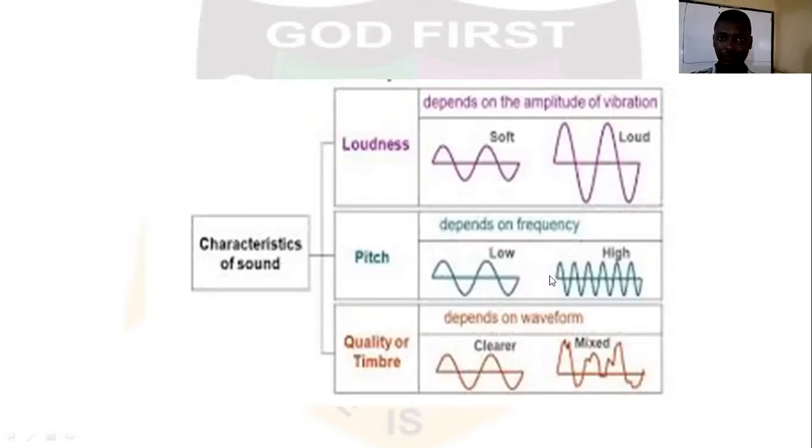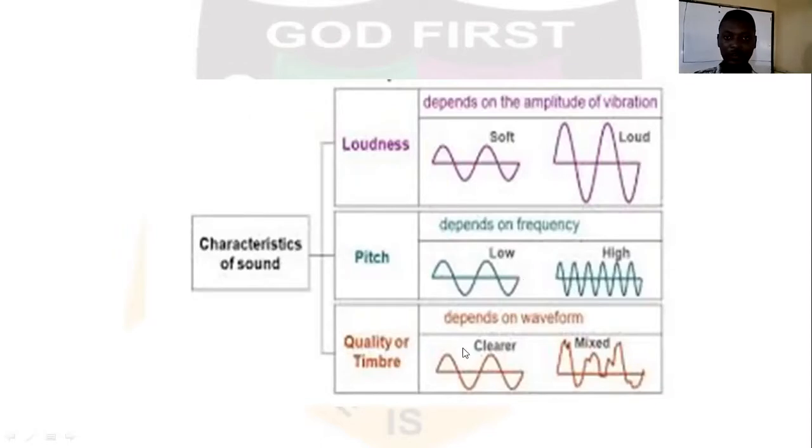Those that have a soprano voice, a sharper voice compared to a gruff voice, are higher in pitch, and that means their number of vibrations is more than those with a low pitch.